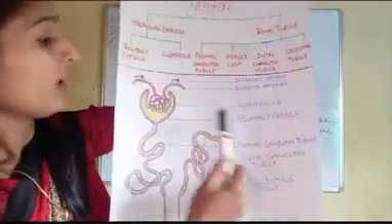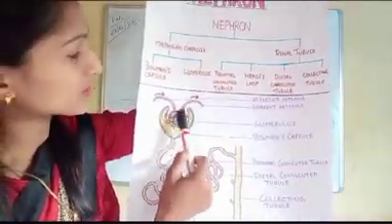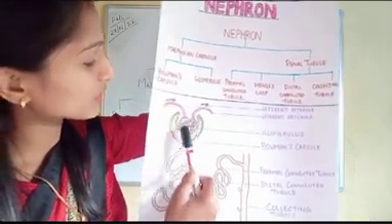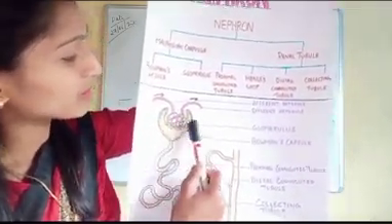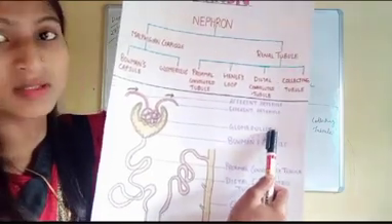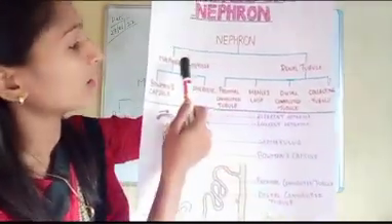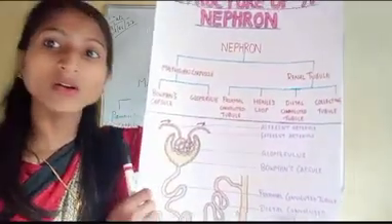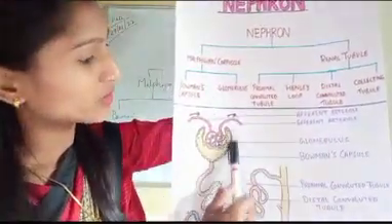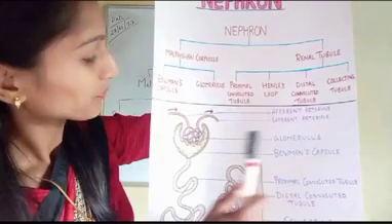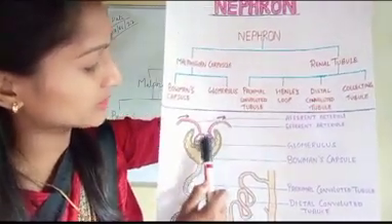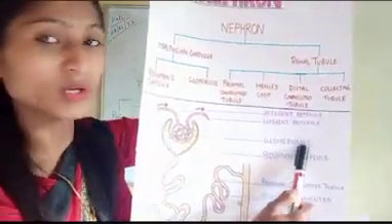And Bowman's capsule consists of blood capillaries known as your glomerulus. So these two parts are your Malpighian corpuscle.